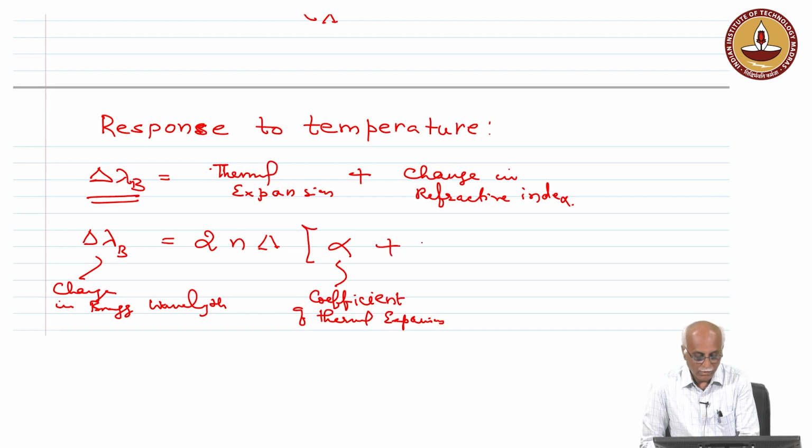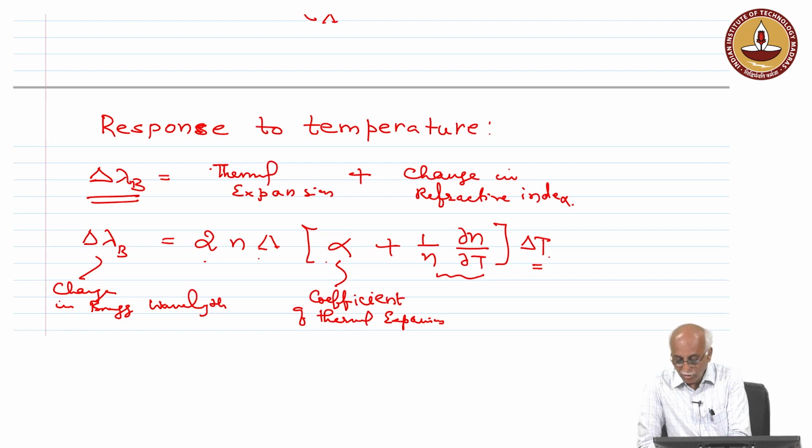So, the change in temperature into alpha into 2 n lambda will give you the expansion or contraction of the fiber Bragg grating, and this part will give you the refractive index change.